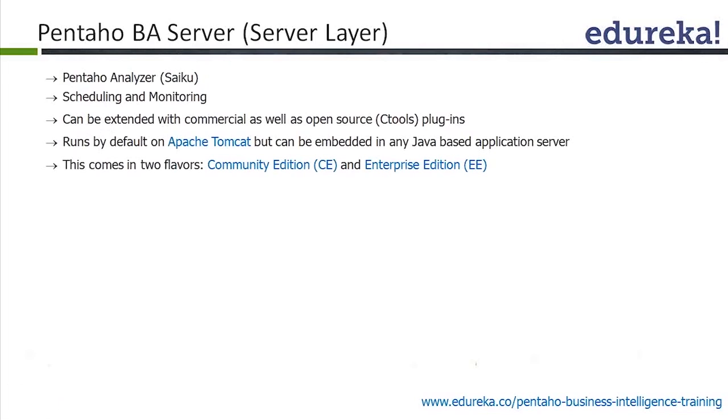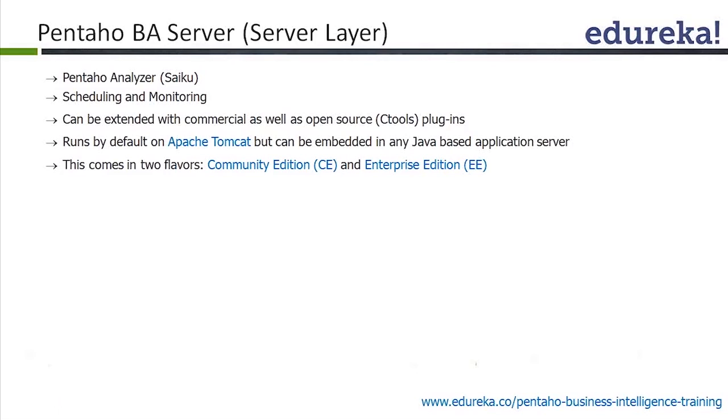Other than that, there are features such as Pentaho Analyzer and Saiku. Using Saiku, you can analyze the data which is already available and connected on the Pentaho BA server. Scheduling and monitoring is an EE feature. You can schedule tasks and jobs, and they will be triggered at a particular time.